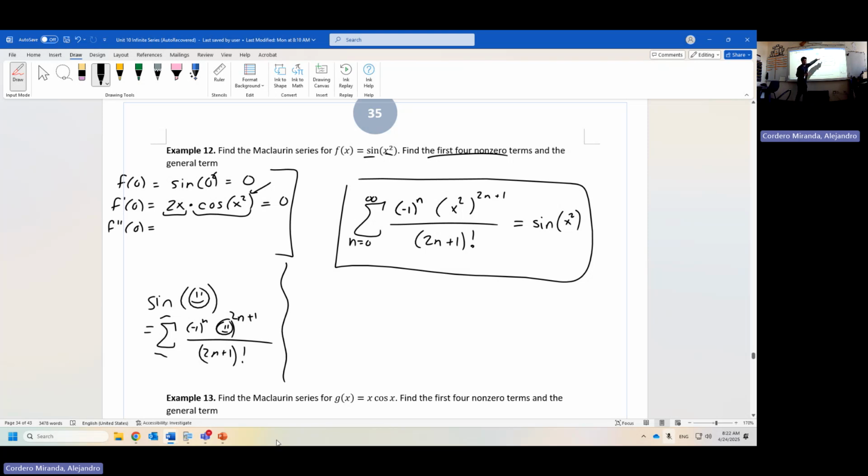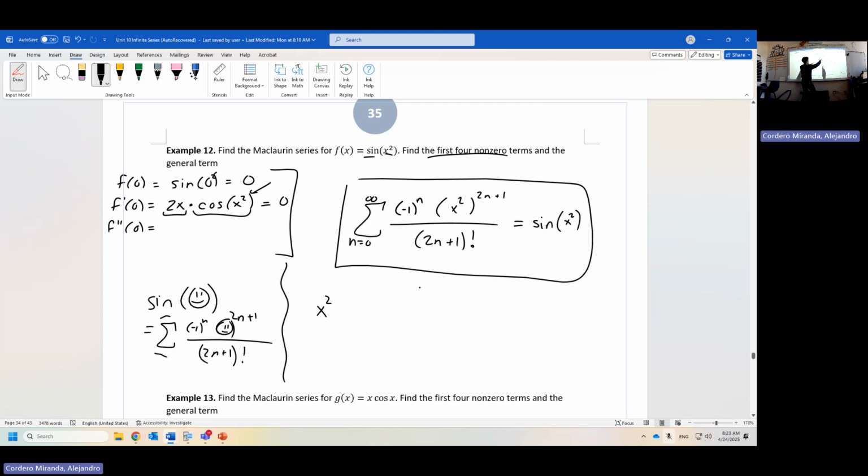I plug in 0 into the series, and I would get +1 for the alternating bit. X squared to the first over 1 factorial, so if you can keep track of all that in your brain, that will just be x squared.